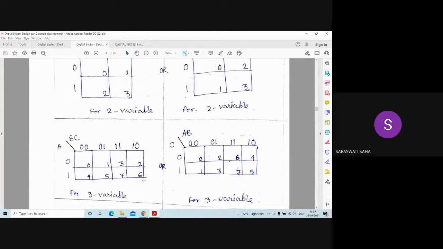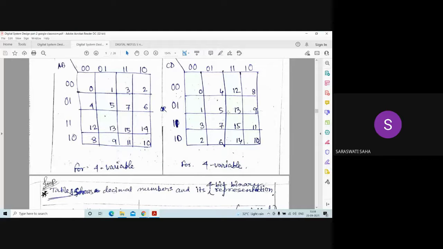You can write it in this way, or another representation is this pattern. You can also draw the Karnaugh map for 3 variables in this way. Now we are following this pattern. This is min-term position 0, here 1, this is 2, 3, 4, 5, 6, 7.